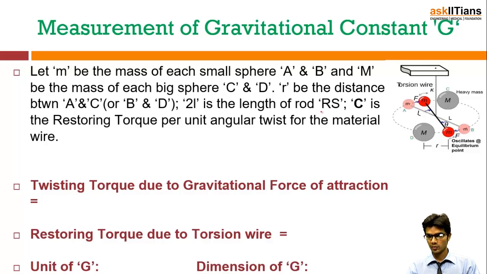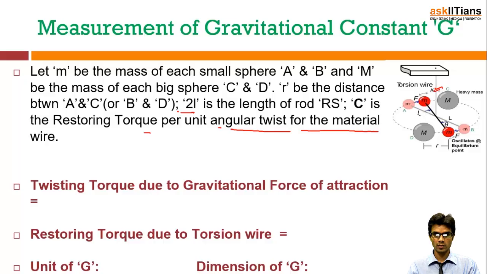AB or RS are both the same length, so it is 2L, and let C be the restoring torque per unit angular twist for the material of the wire. This is the wire for twisting.